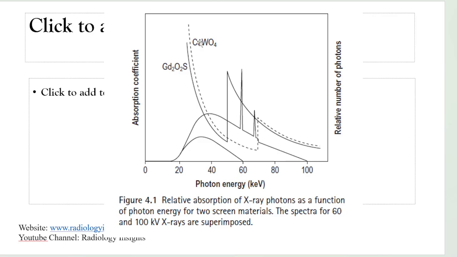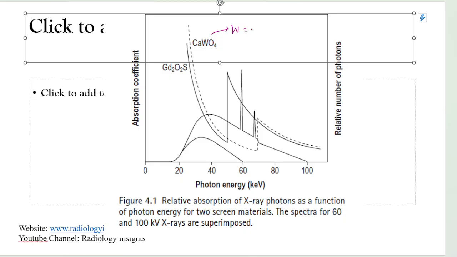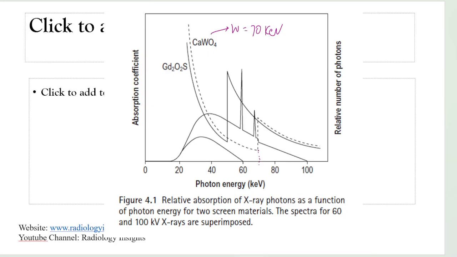Tungsten has an atomic number of 74, and the K edge of tungsten is around 70 kilo electron volts. As a result, at around 70 kilo electron volts, the absorption coefficient is least.